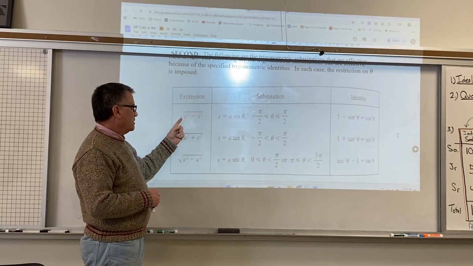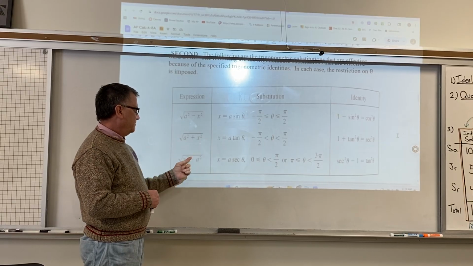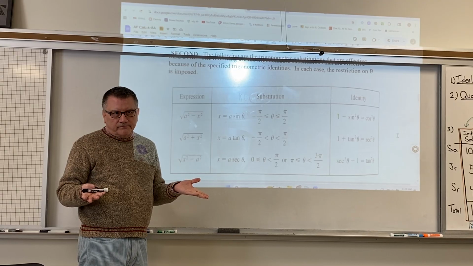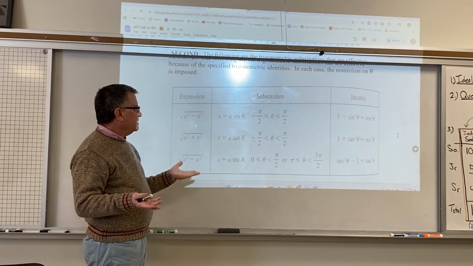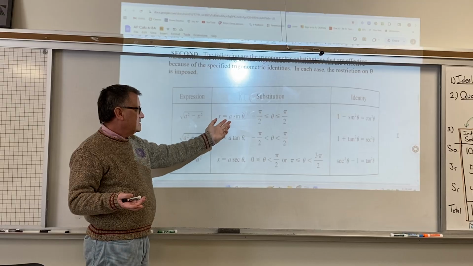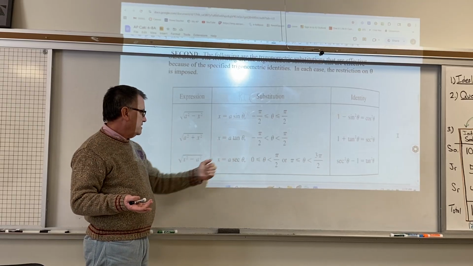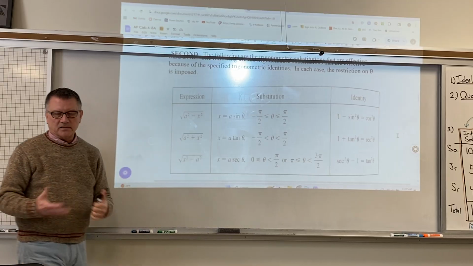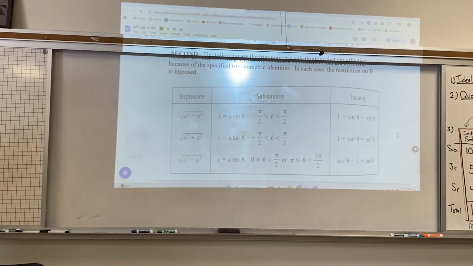But when you see the square root of two things being squared, I would think trig substitution. And if you've got these in your notes, this becomes a sine, this becomes a tangent, this becomes a secant. Gives me something to work with. Is that cool?